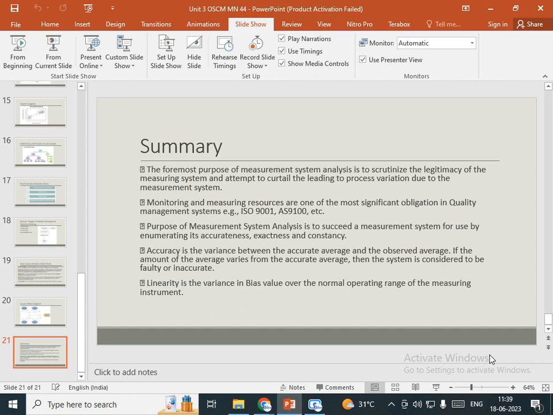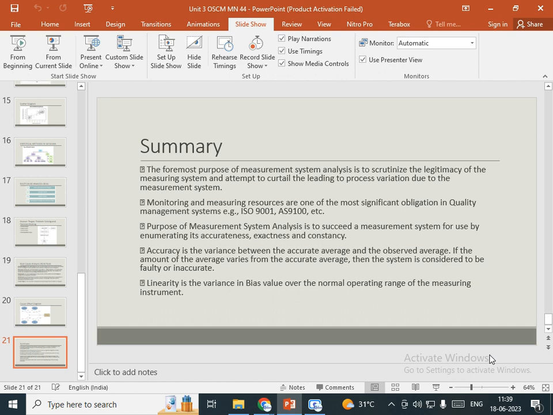Then the Pareto analysis is illustrated from a brainstorming session with the project team. It is formed to display the impact of various deficiencies. A Pareto chart takes into consideration that 80% of the problems come from 20% of the deficiencies.